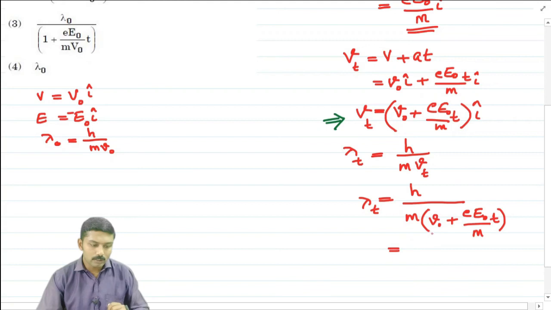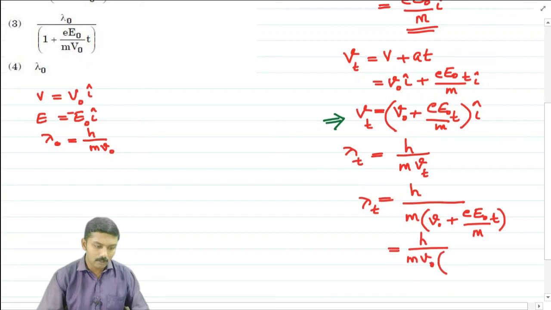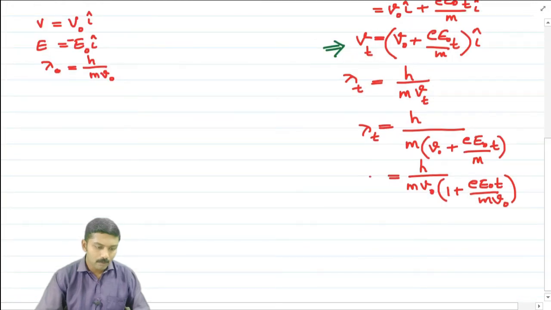So I can take v naught outside as common, so that what you get is h divided by m times v naught into 1 plus e naught into t divided by m times v naught. This is the de Broglie wavelength after a time t.